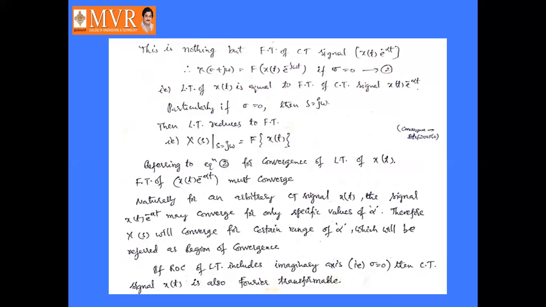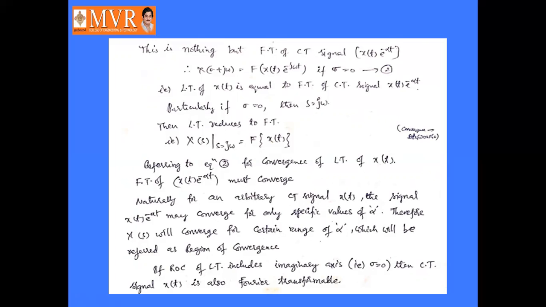So referring to equation number 2, for convergence of the Laplace transform of x of t, the Fourier transform of x of t into e power minus alpha t must converge. Naturally, for an arbitrary continuous time signal x of t, the signal x of t into e power minus alpha t may converge for only specific values of alpha. Therefore, X of s will converge for a certain range of alpha, which is referred to as the region of convergence.